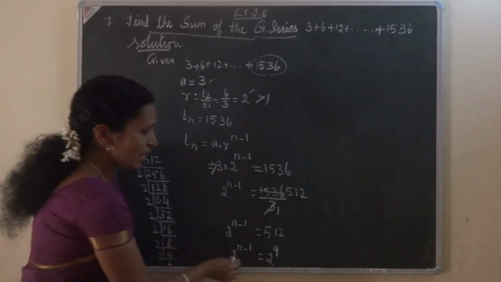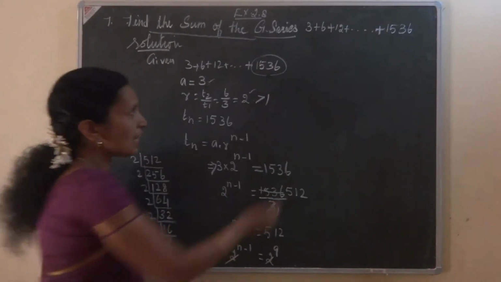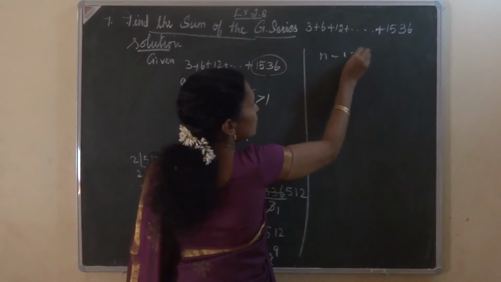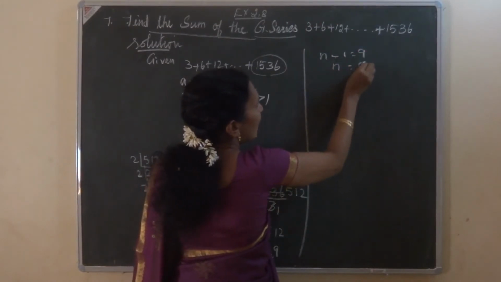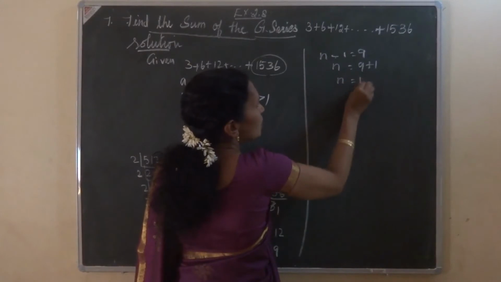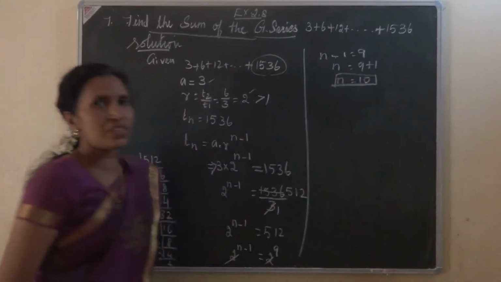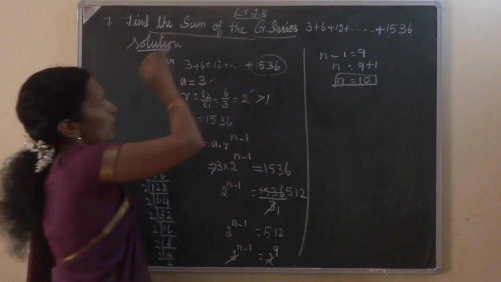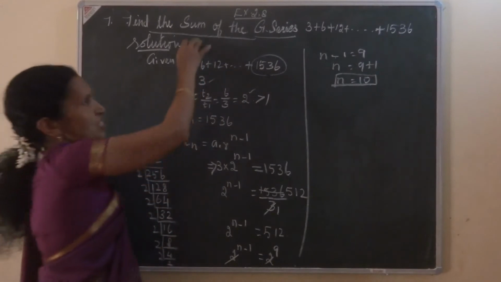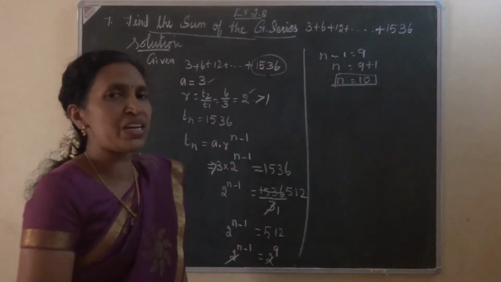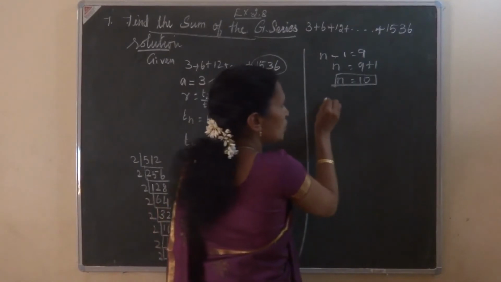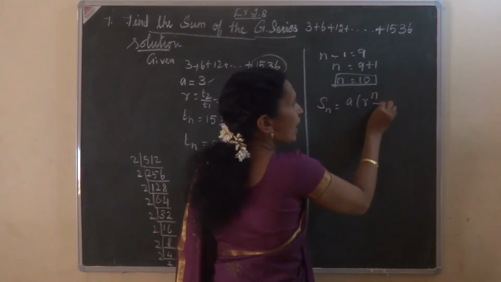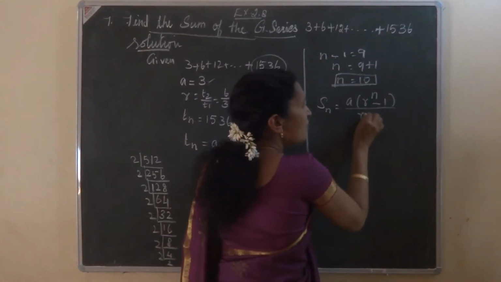Now the base is the same, so it will be cancelled. So n minus 1 equal to 9, n equal to 9 plus 1, so n equal to 10. Now you can use the formula. They asked to find the sum. So for the sum of the geometric series, Sn equal to A into (R power n minus 1) divided by (R minus 1).